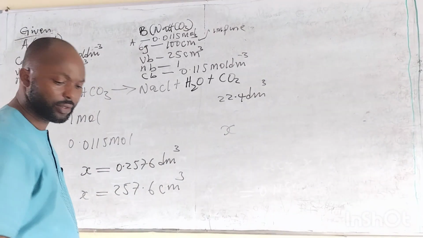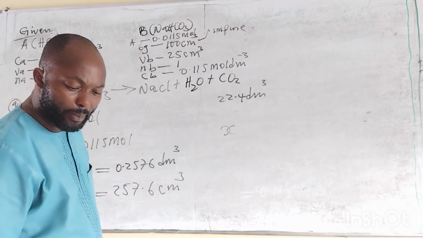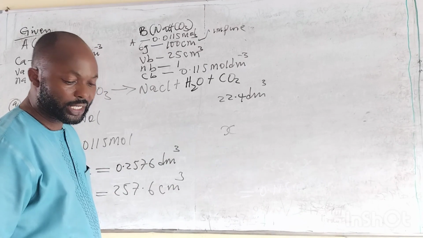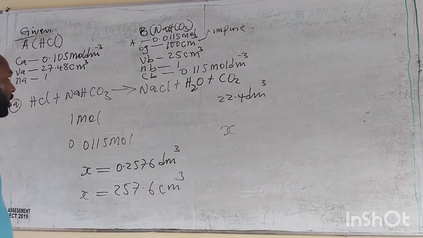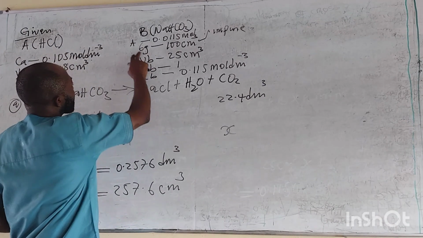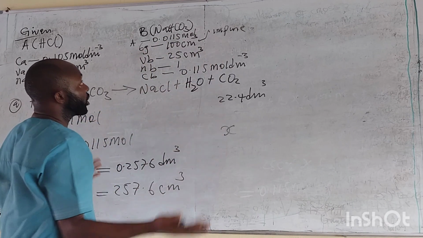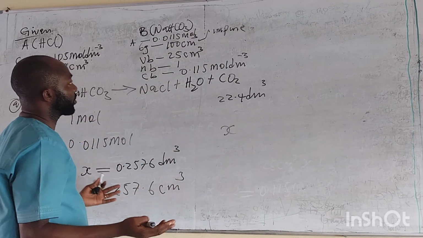Now let's proceed. Now the last one is percentage by mass of sodium hydrogen carbonate in the sample. That's the percentage impurity. Now, the percentage impurity, what they give us here, this is what we have. This will give us the mass concentration of the impure sodium hydrogen carbonate.